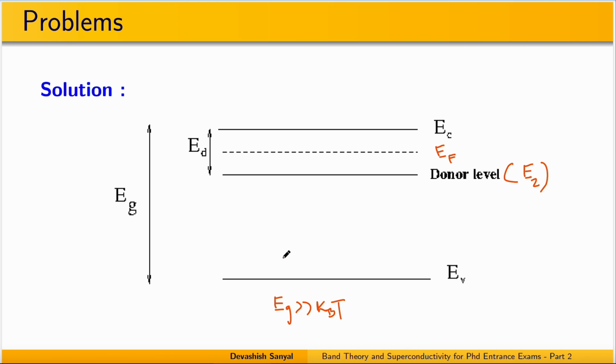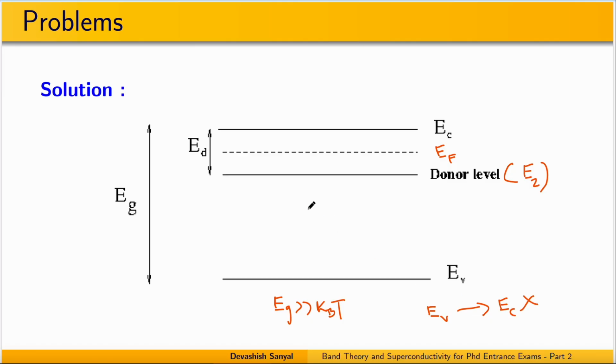If this is so, the transition from EV to the conduction band is almost nil. This transition does not take place.